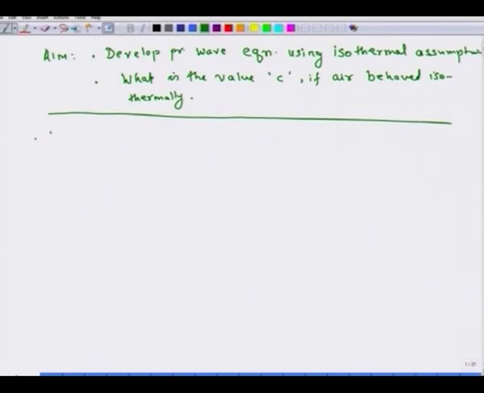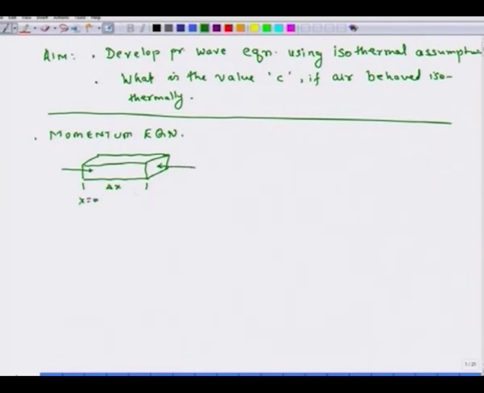So, we will start with the momentum equation. We had assumed that there was a small volume of air about delta x long, and I have an external pressure.